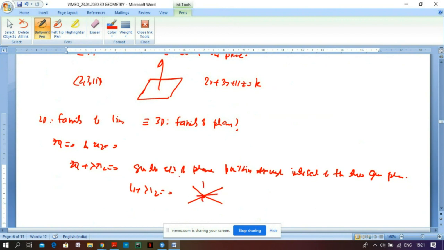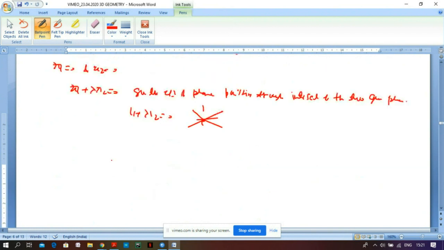Here, you have one plane as this one, and another plane this way. This is the line of intersection, call it L. So this is pi1 = 0, this is pi2 = 0.